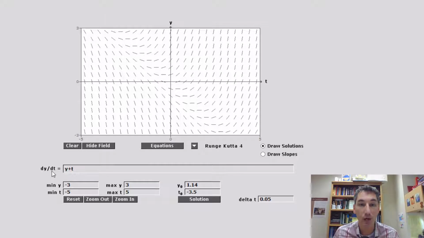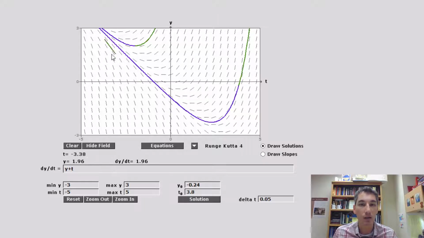Okay, in the other program, we've got dy/dt equals y plus t, and you can see the slope field looks just like it did before. You can find that spot right over here where the slope was equal to 0. But if we click, now you can actually see where the solution is that's riding those curves, and you can click anywhere and find what solutions look like.